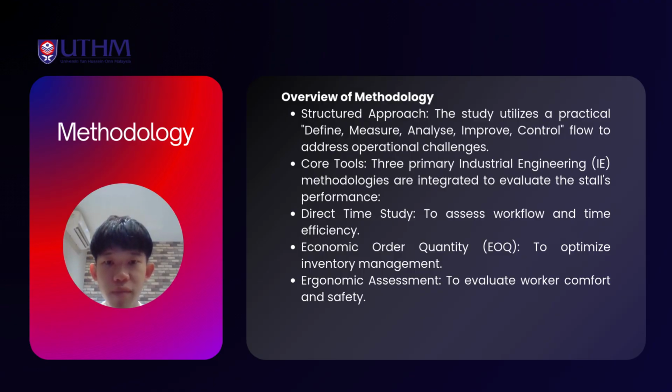For an overview of the methodology, which includes five parts, the first is the structured approach, which includes the define, measure, analyze, improve, control flow to address the operational challenge. Then the methodology includes core tools: direct time study, economic order quantity, EOQ, and lastly the ergonomic assessment.